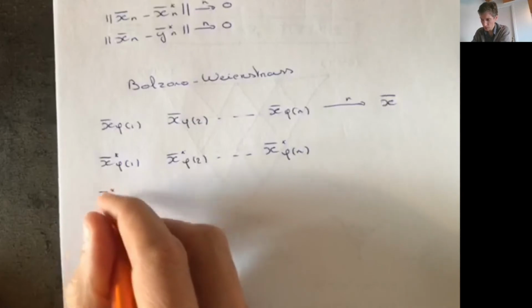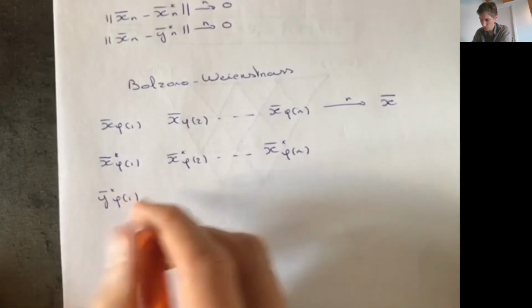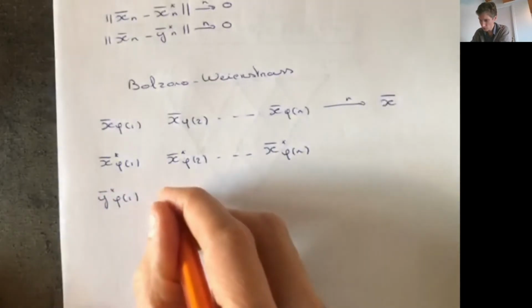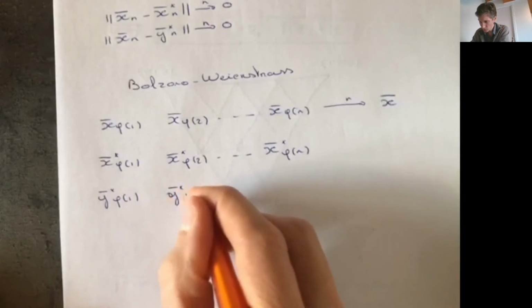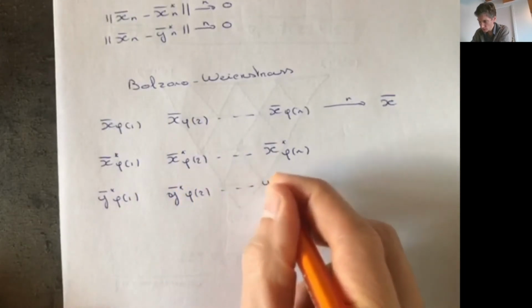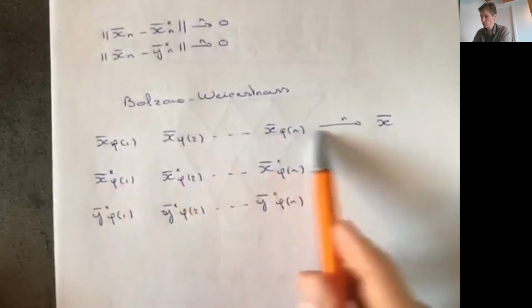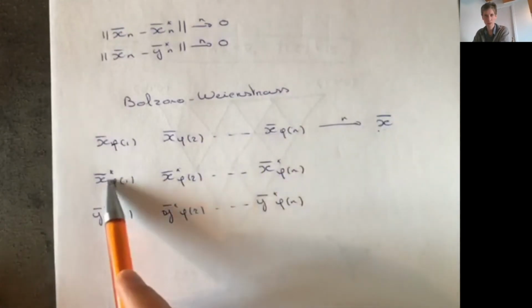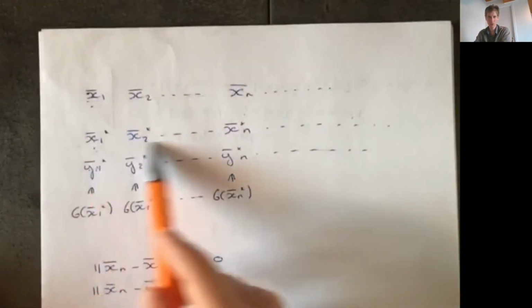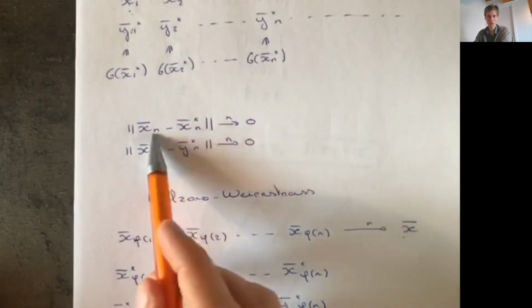And we can take the corresponding subsequence of these sequences, y star phi 1, y star phi 2, y star phi n. Now this sequence converges to x, and this sequence here is a subsequence of the original one, whose distance to the first sequence converges to 0.